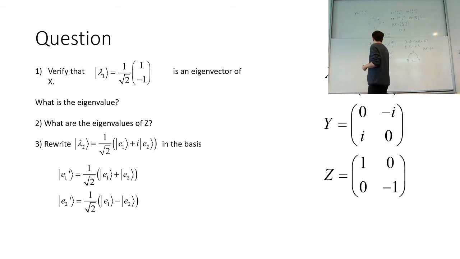Then lambda 2 is 1 over 2, and basically the sum of those guys plus i. Yeah. So I think you guys are right.